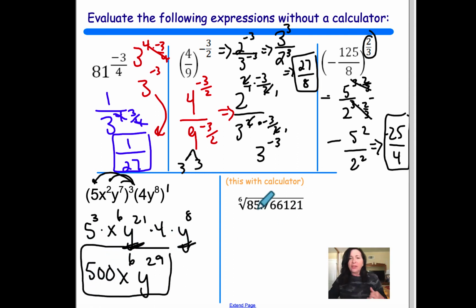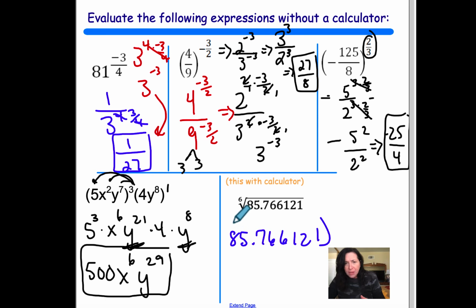Okay. Now, this one actually is saying use a calculator. And the way you would use your calculator is they just want you to know how you can rewrite it. 121 to the, this is a 1 here that you don't see, right? 1 over 6 power. So you're going to say 85.766121 to the, and then usually you're going to use parentheses when you do the to the 1 divided by 6 power, and I get 2.1.